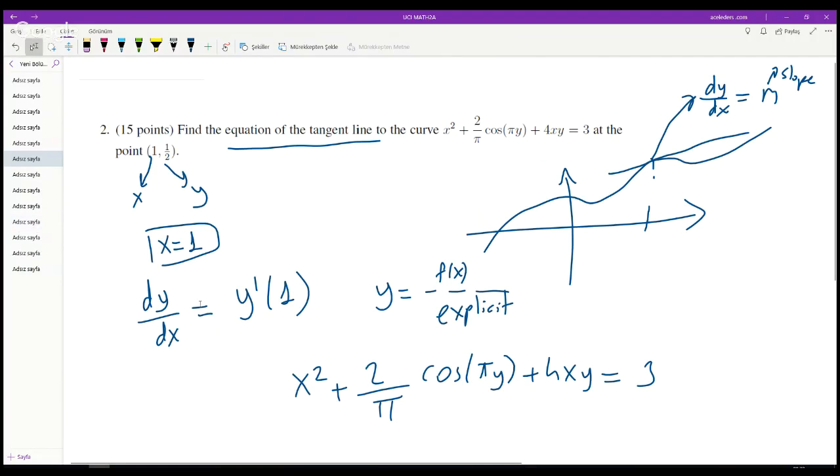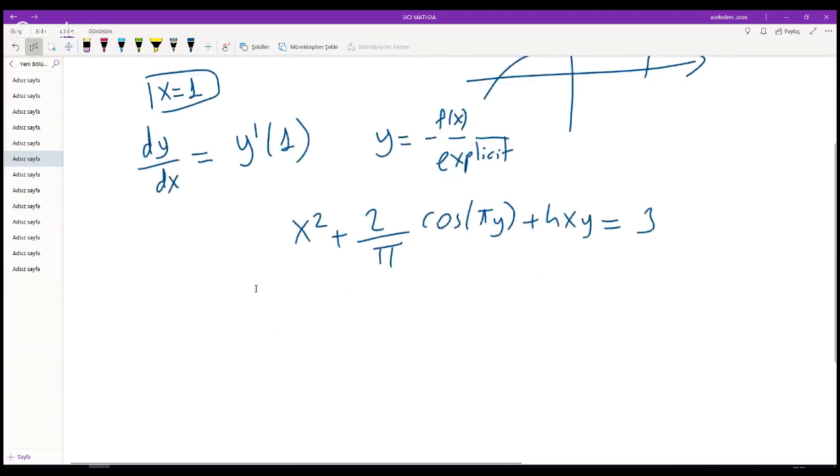But now we don't have an equation like y equals a function of x. We have y and x in a mixed way. So this is an implicit equation in that sense. Therefore, reaching dy over dx by using this equation is named implicit differentiation.